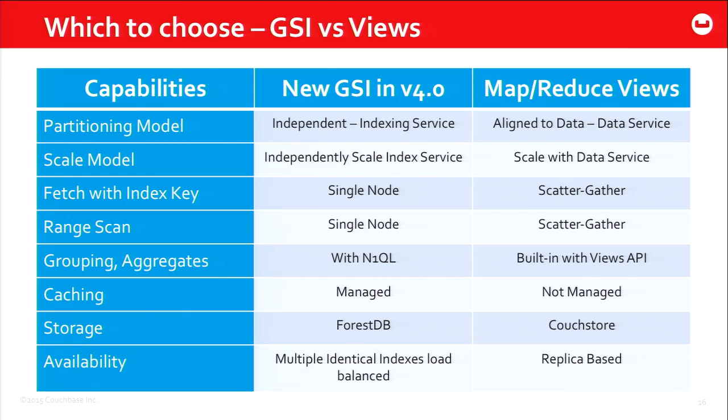The scalability model, again, because of the index service and the ability to scale these things independently, you can build a different type of node for the indexing service and GSI, but you can't do that with views. When you up the nodes in capacity, you're giving capacity to both the data service and the views at the same time. There are ways you can control certain things, but again, we're running on the same machine for the most part.